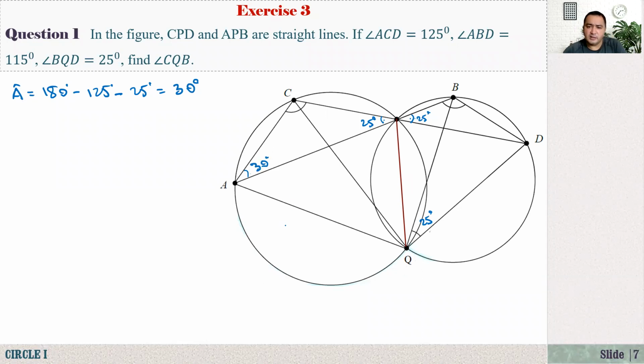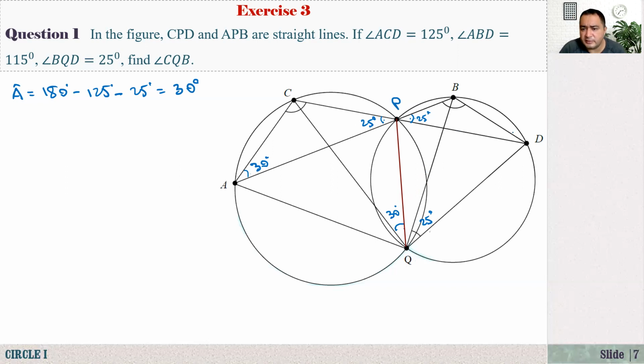Since it is 30 degrees, look at angle CAP and angle CQP. Let me call this point P. They are subtended by the same arc CP, so this angle should also be 30 degrees. How about angle PQB?